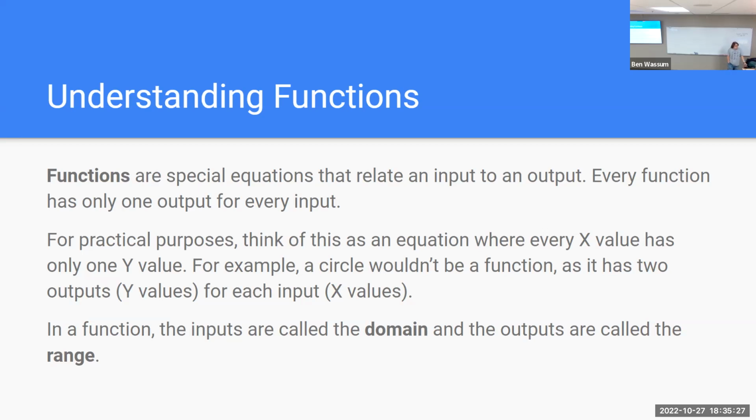Just imagine a circle. Think of x as your inputs, think of y as your outputs. If I had a circle, every single input would have two outputs, right? Because it would cross, it would have two values for that x. So anything that's kind of circular is not a function.